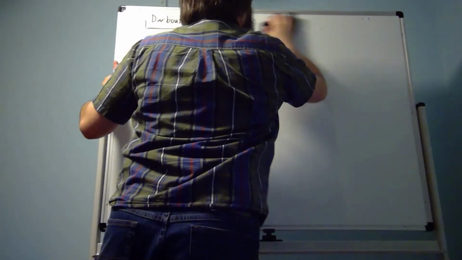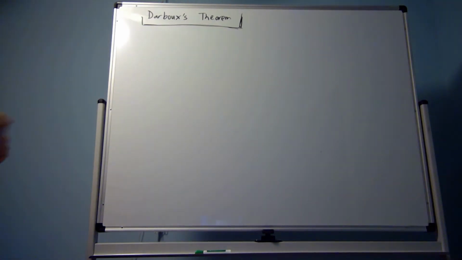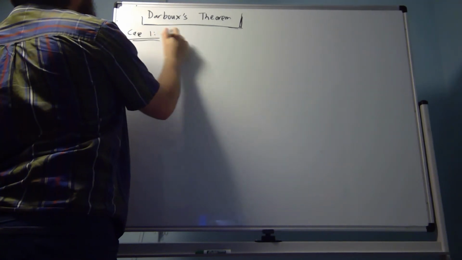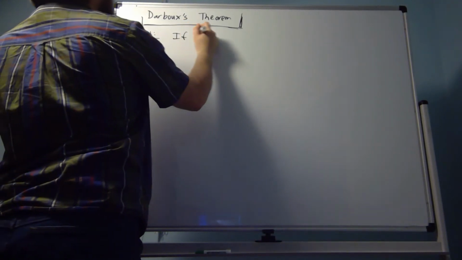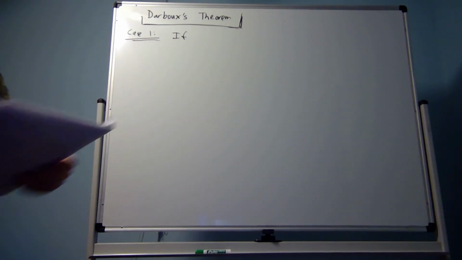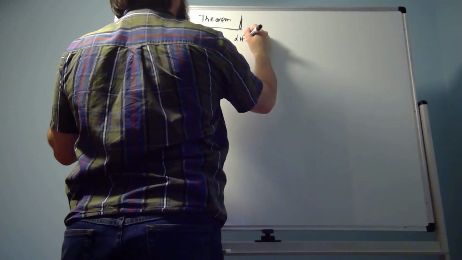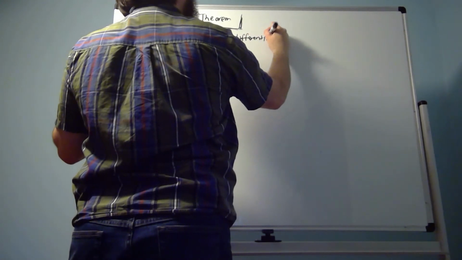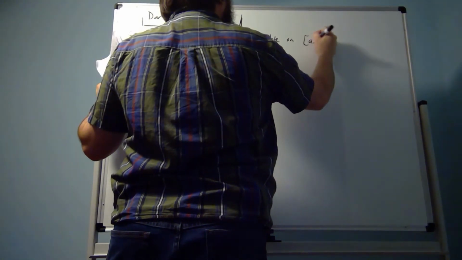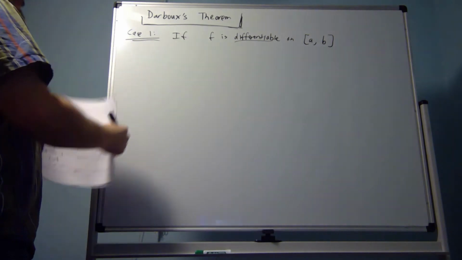Okay, so I just erased the statement, but I want to do case 1, which is basically... and again, at A and B, we only require one-sided derivatives to exist.